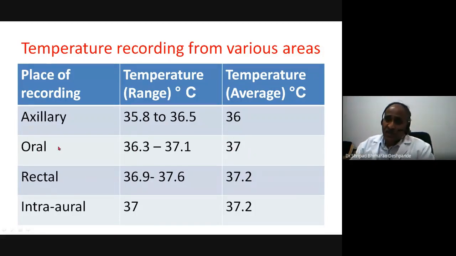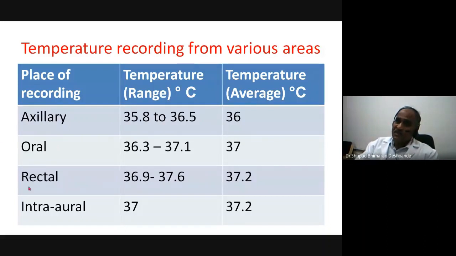Say, for example, I have a hot coffee before visiting you as a doctor, and you ask your nurse or assistant to record my temperature. Naturally my oral temperature is high because I have just taken a hot cup of coffee, and that would increase the temperature much more than what is recorded here.